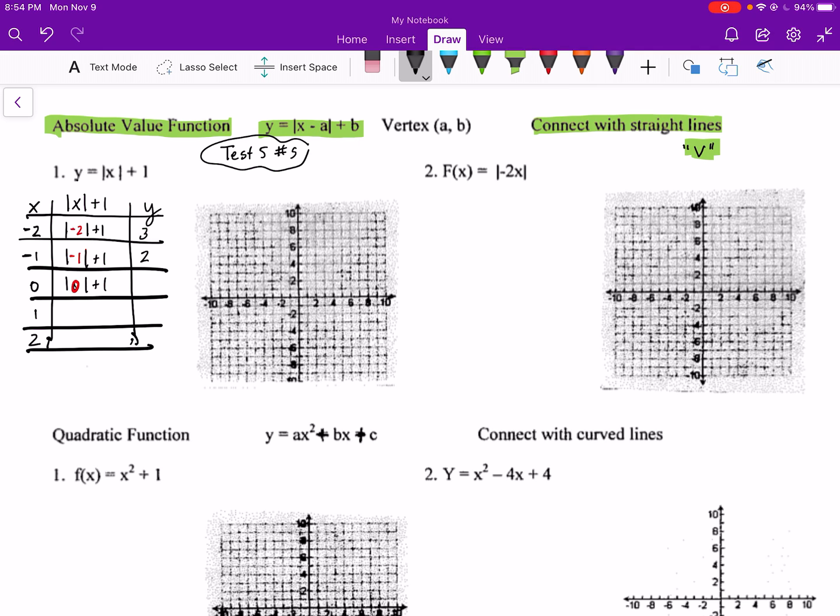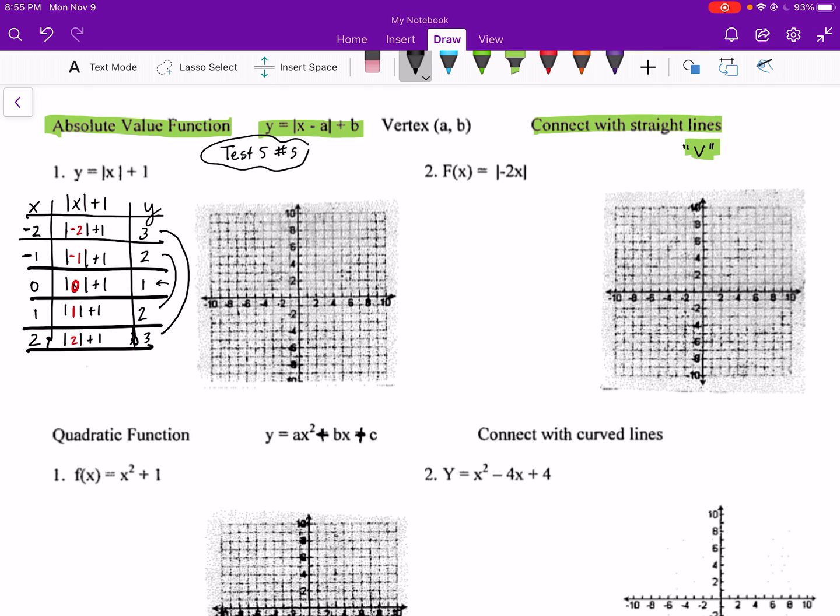Absolute value of 0 is just 0. 0 plus 1 is 1. Now you have the absolute value, plugging in 1 this time, plus 1. Absolute value is 1. 1 plus 1 is 2. And then you have absolute value of, I'm going to plug in 2 this time, and 2 plus 1 is 3. Now I said there was a reflective property. You can see that this is kind of the center, and then you can see I have a 2 and a 2 and a 3 and a 3.